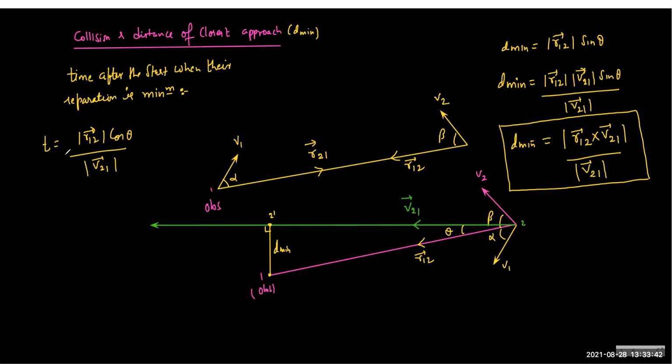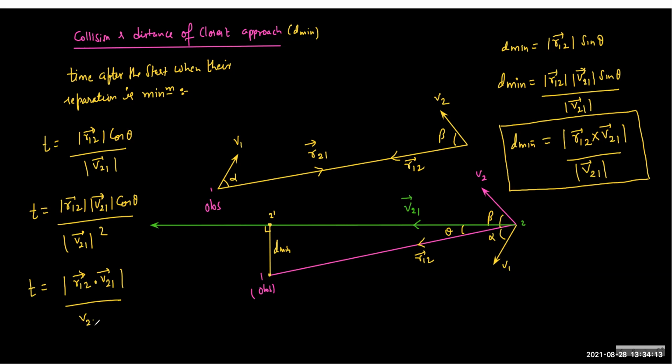So the time is R12 cos theta upon V2. Do you realize this first of all? Yes, sir. Now you can multiply with V21 again in the numerator, scalar product, this becomes square. And now the numerator is a very simple thing, R12 dot V21. It's a dot product. So this is the vector expression to solve the question.